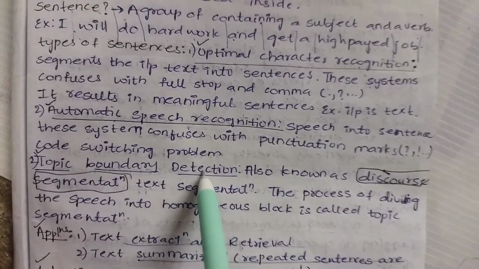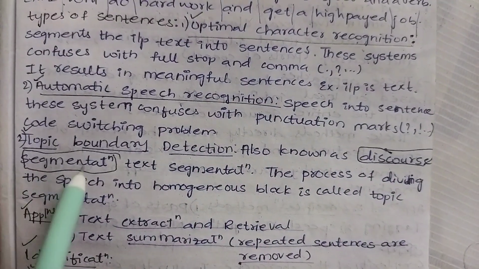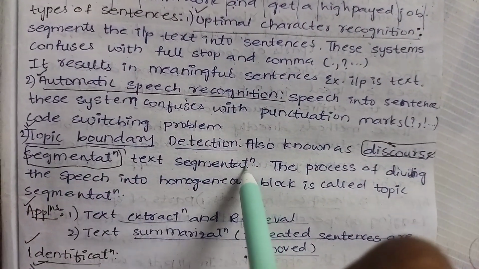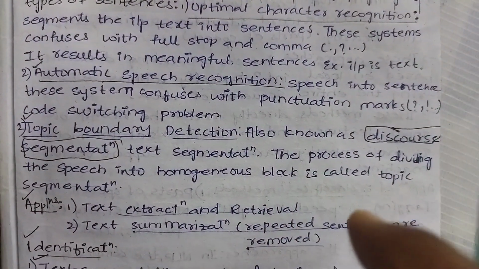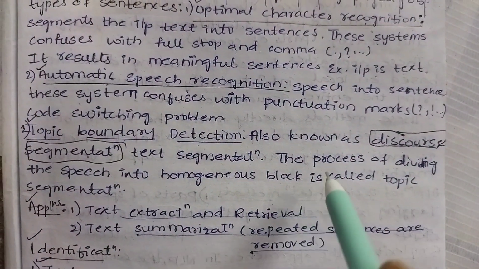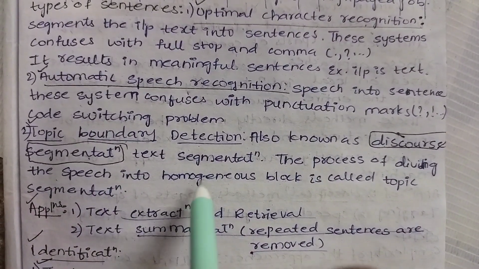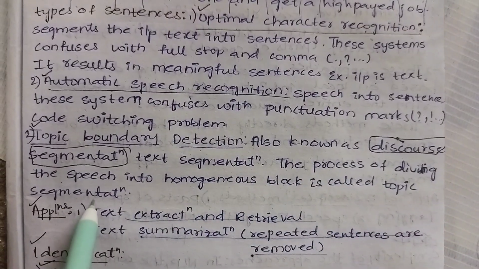Topic boundary detection is also known as discourse segmentation. It is about text segmentation, dividing the text into smaller units or blocks. The process of dividing speech into homogeneous or similar blocks is called topic segmentation.